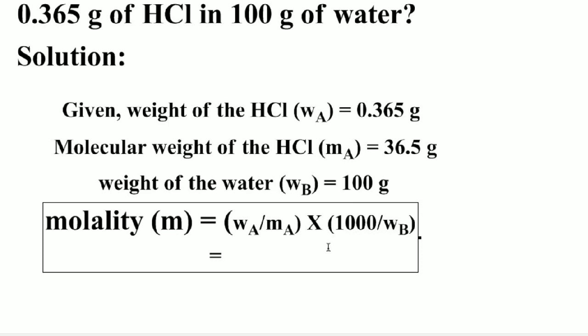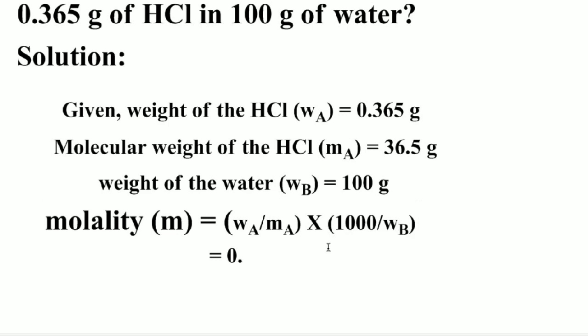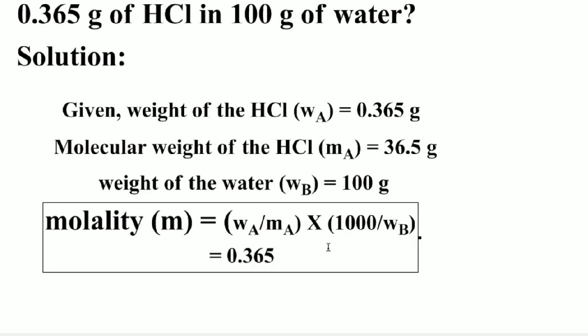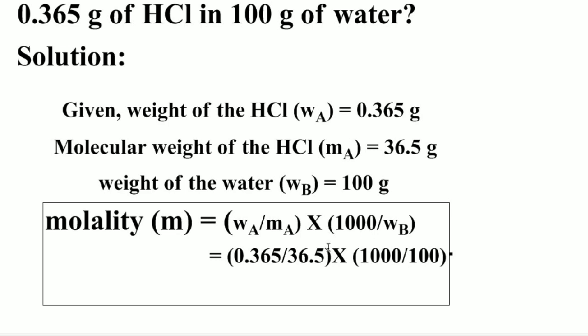So the given WA is equal to 0.365 divided by 36.5, where 36.5 is the molecular mass of the HCl, into 1000 divided by the weight of the solvent, that is 1000 by 100.